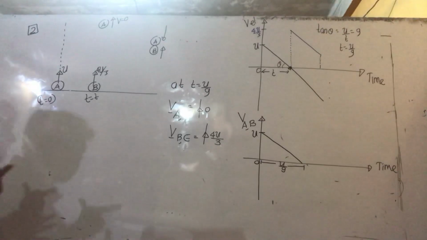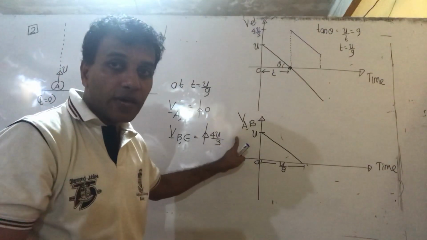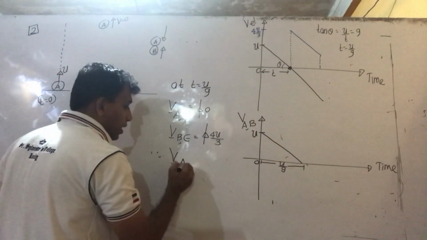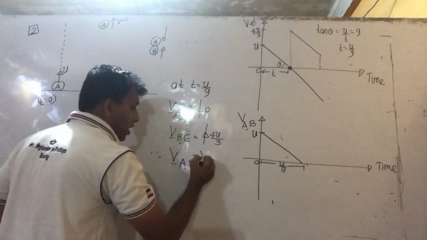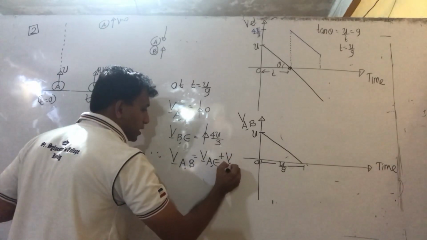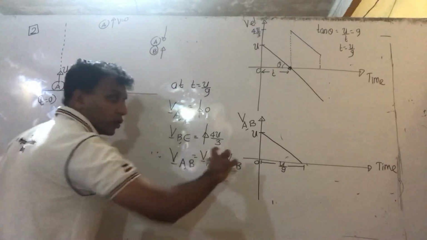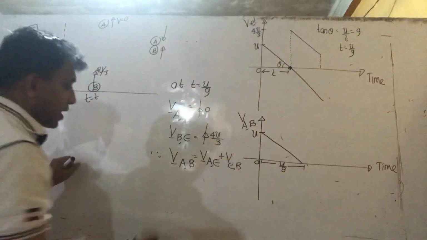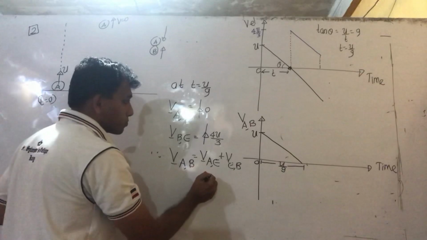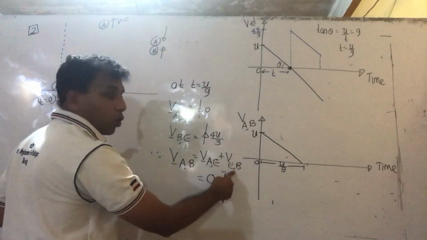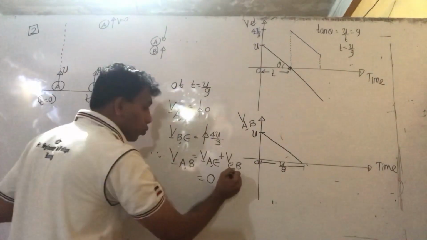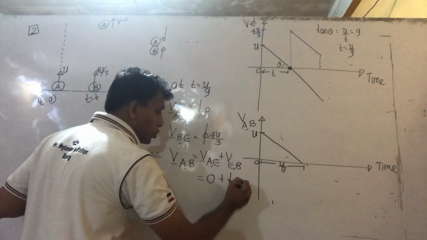Therefore we can find the relative velocity of A with respect to B. Velocity of A relative to B equals velocity of A relative to earth plus velocity of earth relative to B. The velocity of A relative to earth is 0, plus velocity of earth relative to B, which is downward, so downwards 4u over 3.